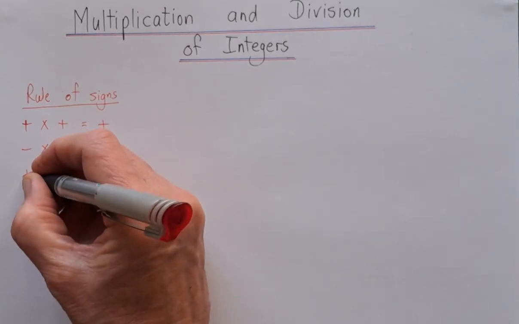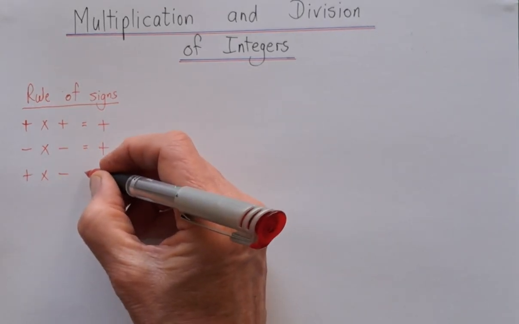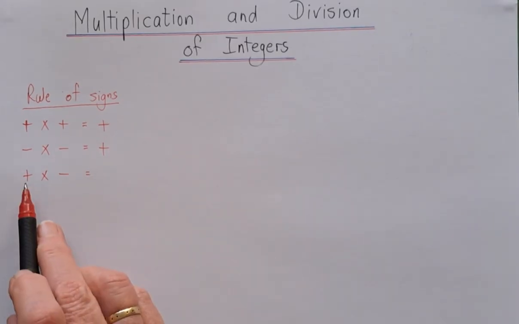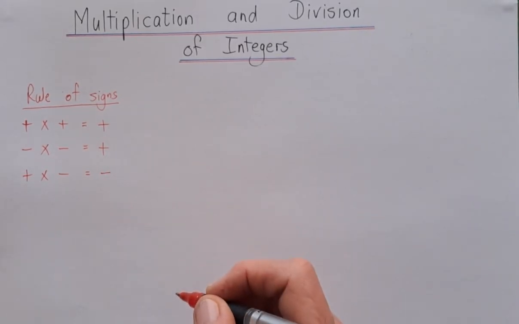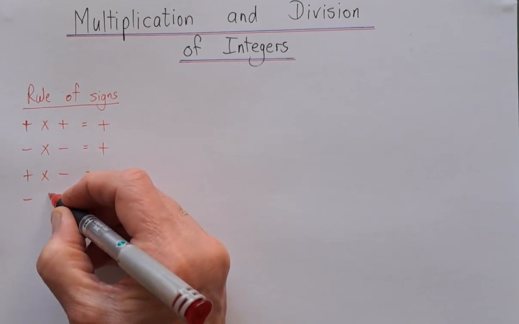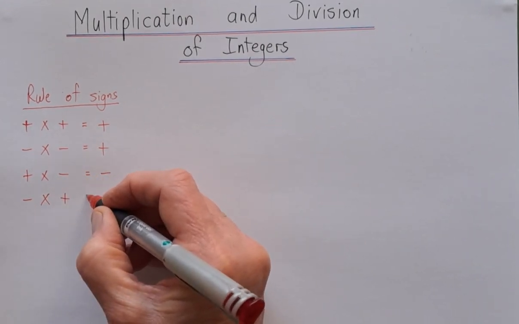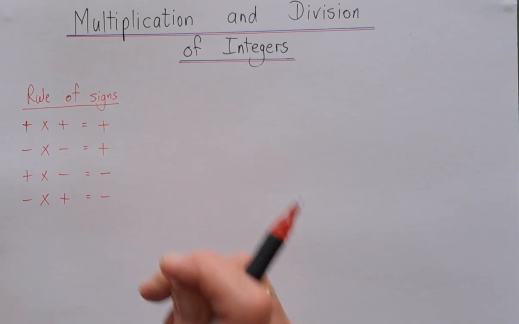Then we could have a positive times a negative. As soon as I've got a positive times a negative, my answer is going to be negative. And if I've got a negative times a positive, my answer is also going to be negative.